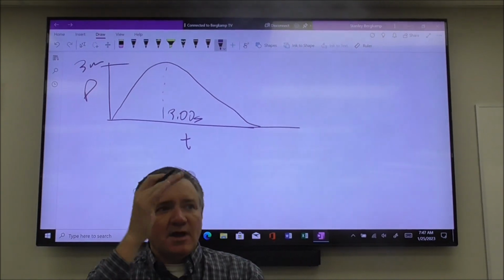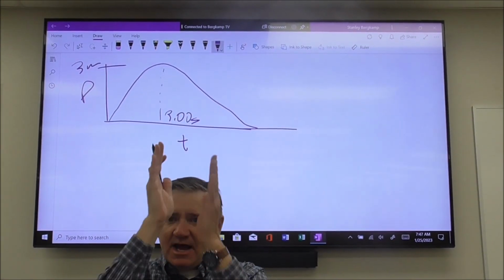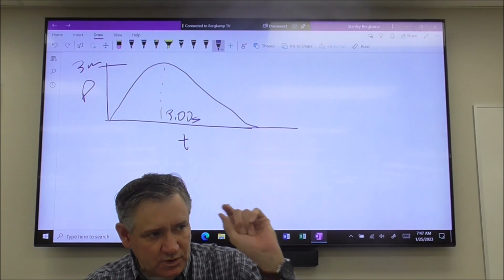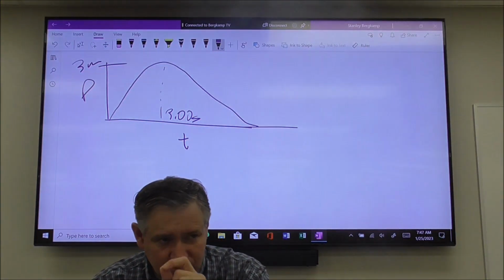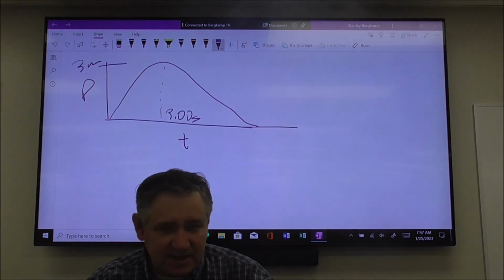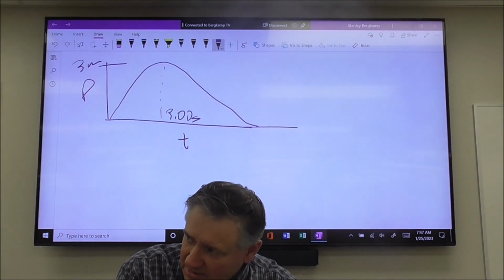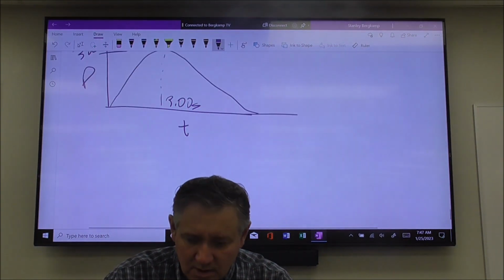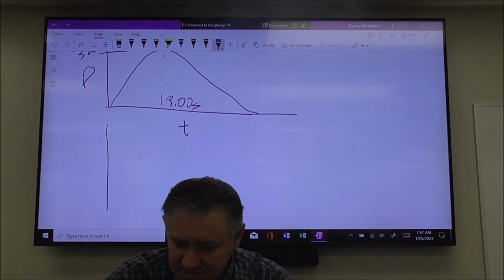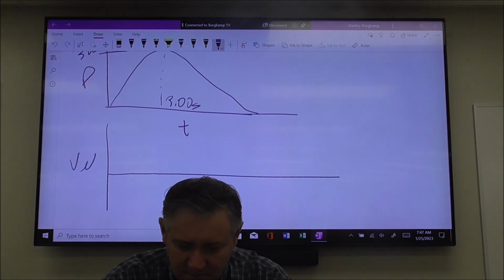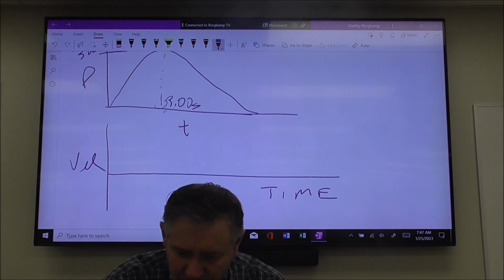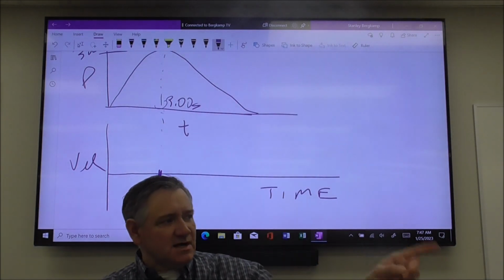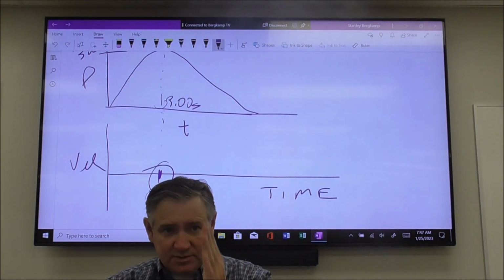Whatever you have at the end of that second interval, when you add those two times together, that is the most critical time you need out of all of this data, because that's going to tell you when the velocity goes to 0. So when I look at Carson's graph, on the velocity time graph I'm going to go to 2.99 seconds, and that's when her velocity time graph has to go through 0.